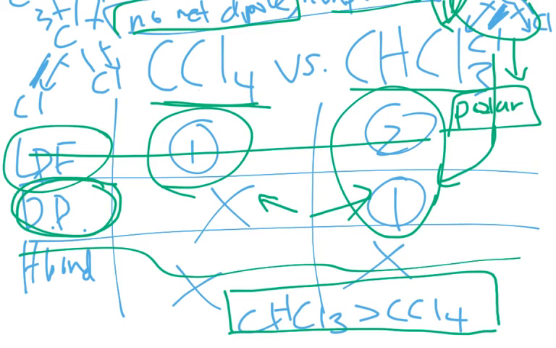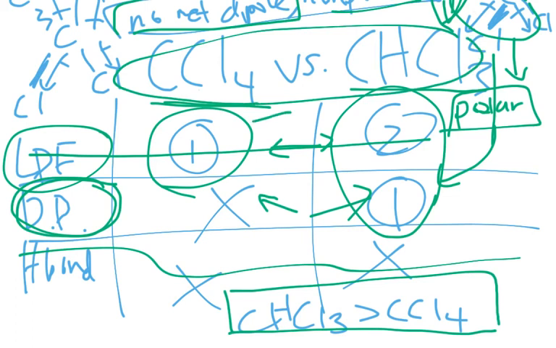Now, let's just say that we did look at the LDF. If we look at the LDF, we notice that they have a similar molar mass, although this one might have more electrons or a higher molar mass than this one. But regardless, they're pretty similar, and things that are similar are not very good for comparison unless they are the sole source of comparison. But in this case, it's not the only source of comparison.